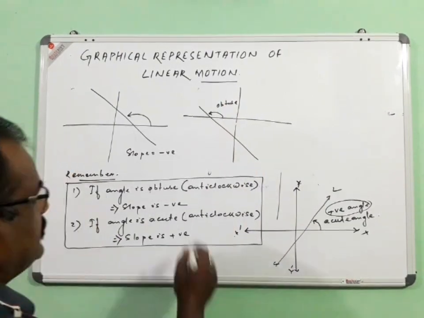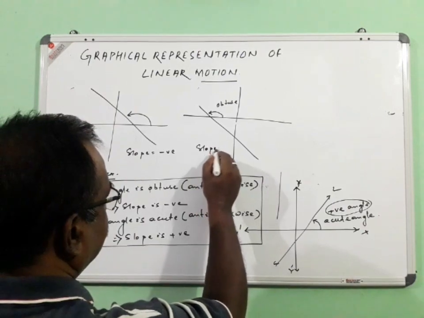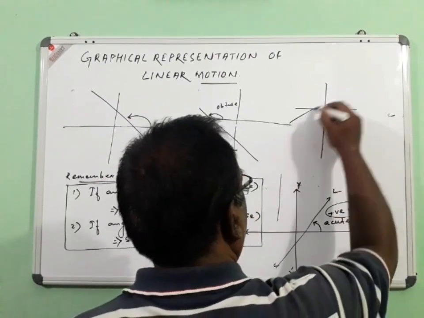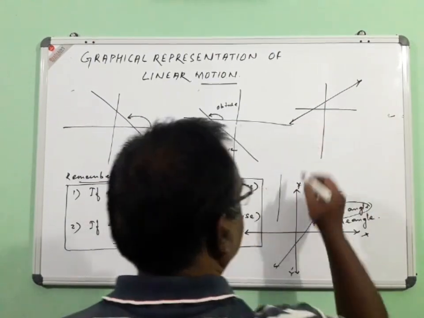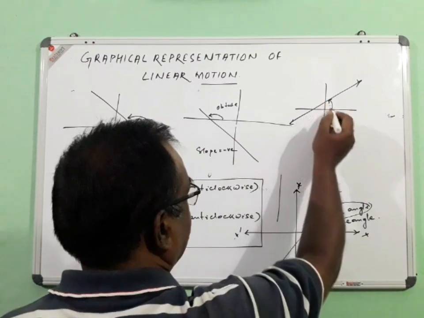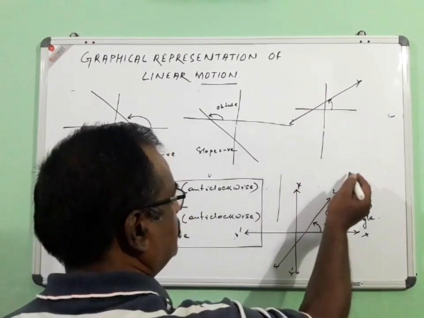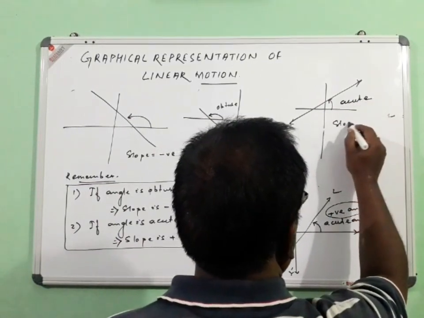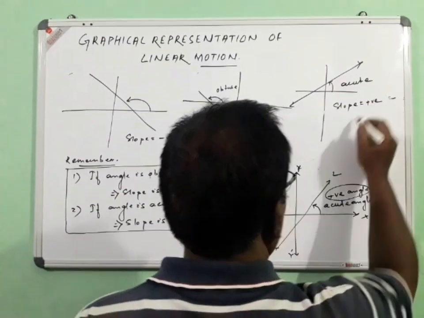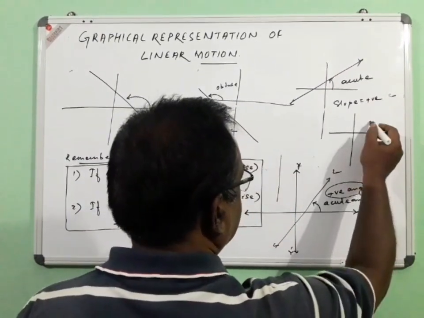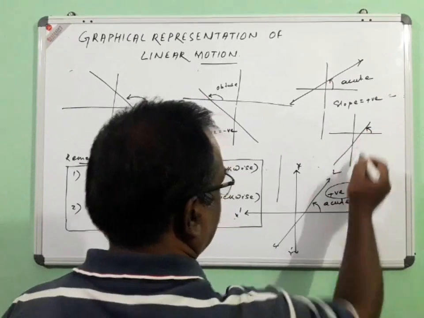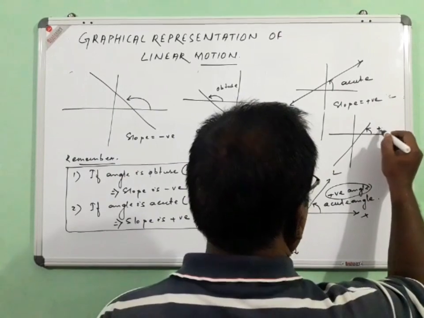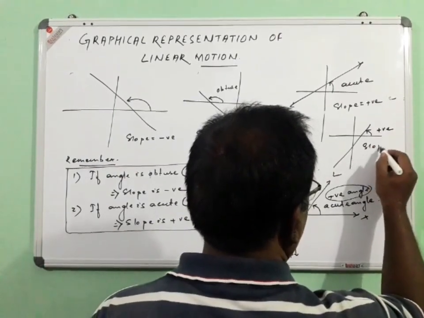So in such cases, the slope is negative. If it is drawn in this manner, the angle here is one acute angle when it is measured in anti-clockwise direction. So it is acute, so therefore the slope is positive. Or if it measures in this manner, in such cases also, the angle which measures anti-clockwise, that is positive angle, it is acute and therefore it is positive. So therefore slope is also positive.